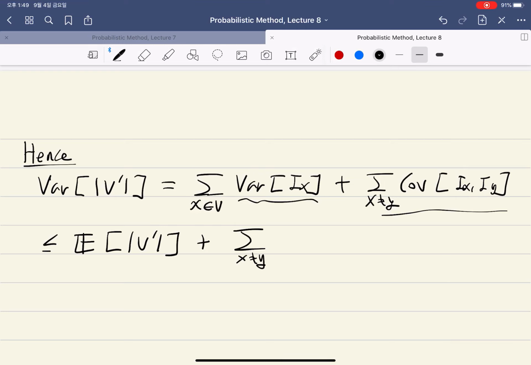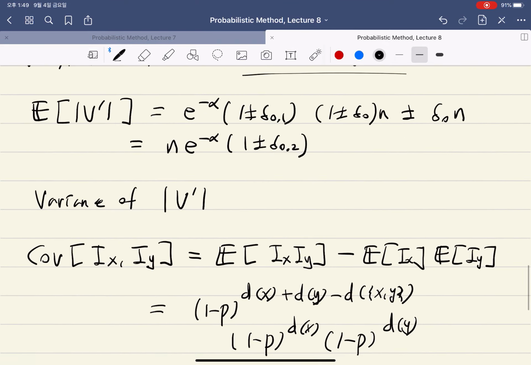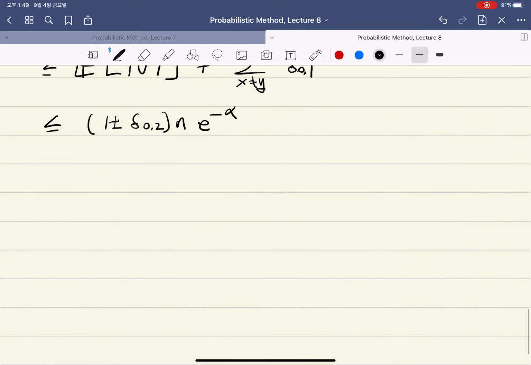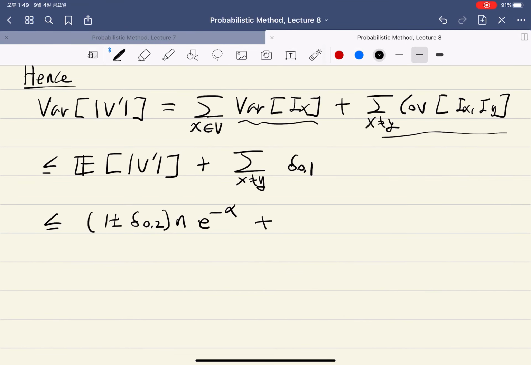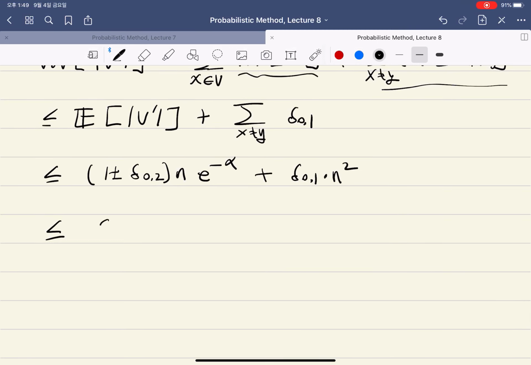Anyway, so we have an upper bound here, plus, and what's this? For all x, y different, we have this upper bound on covariance. So this is 1 plus minus this. We know that this is some linear term. And then this part is delta sub 0.1 times n squared, which is smaller than or equal to delta sub 0.2 times the expectation of size of B prime squared.